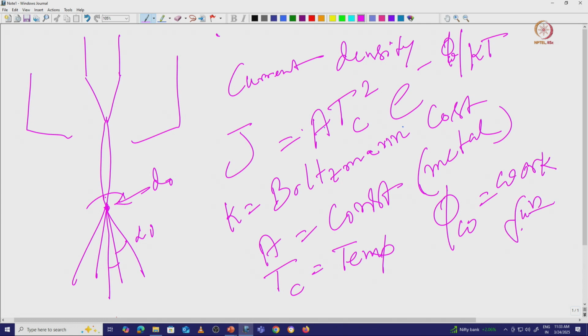This constant A depends on what kind of metal we are using, so it will vary based on the metal. Then temperature and heat, we already discussed, that heat energy is very important to extract the electron, and it also depends on our work function. So, this is the formula to get the current density.